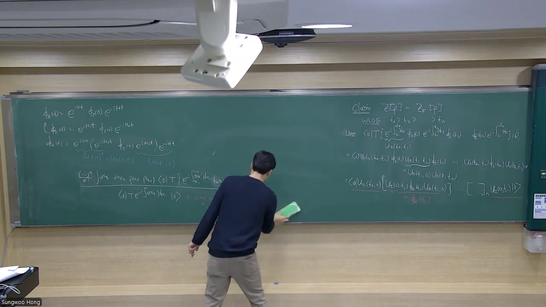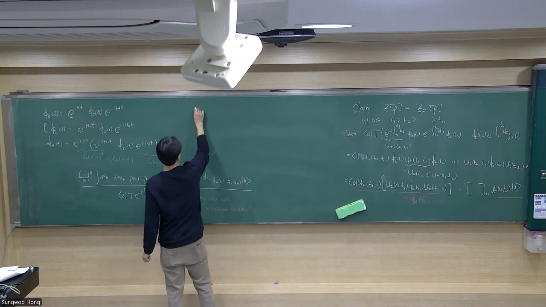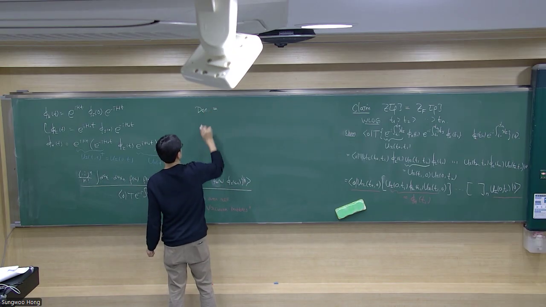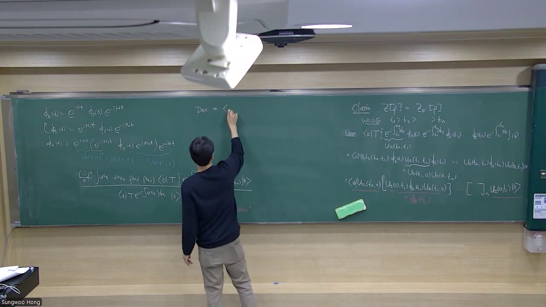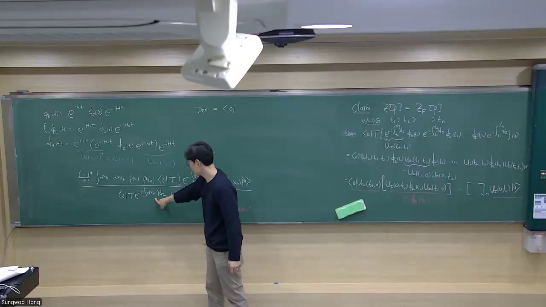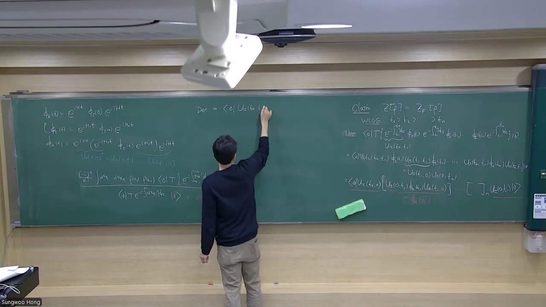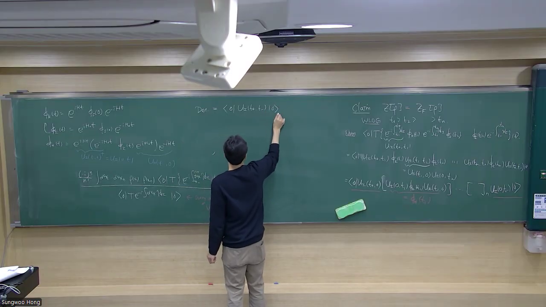So what about the denominator? That's also easy to deal with. So that's the numerator. The denominator is basically, and this is what? This denominator is basically U_I from t minus to t plus, because there's time order.